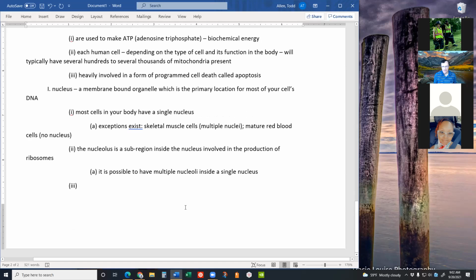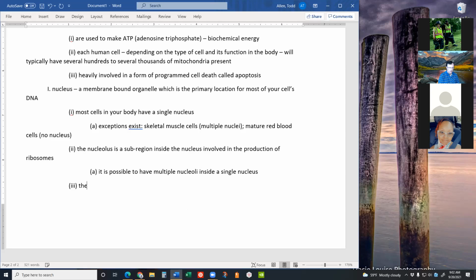It's not found as naked DNA. Most of the DNA inside the nucleus is found complexed with special proteins called histones. You can see that on figure 3.25. The proteins called histones and the DNA form structures called chromosomes, which you also see in pictures A and B of figure 3.25.